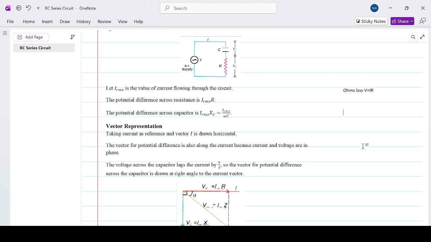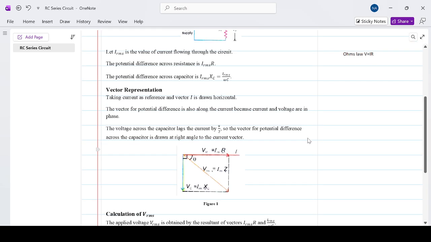In order to draw this vector relationship, we take the current as reference and vector I is drawn horizontal. The vector for potential difference is also along the current because current and voltage are in phase.